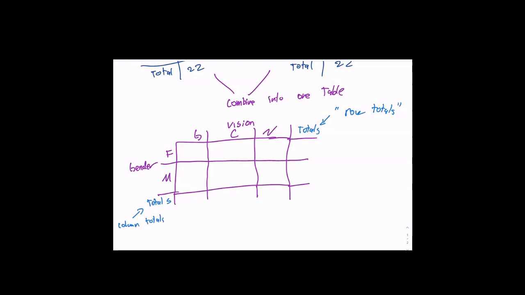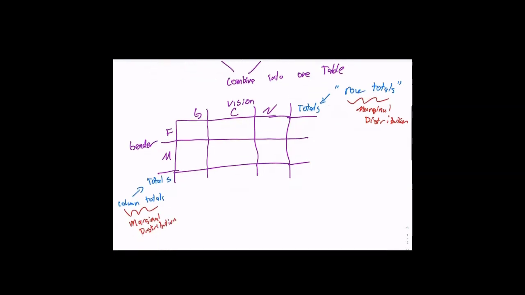Both of these column totals and row totals, I like turtles, we can also refer to as a marginal distribution. And we can refer to this as a marginal distribution.